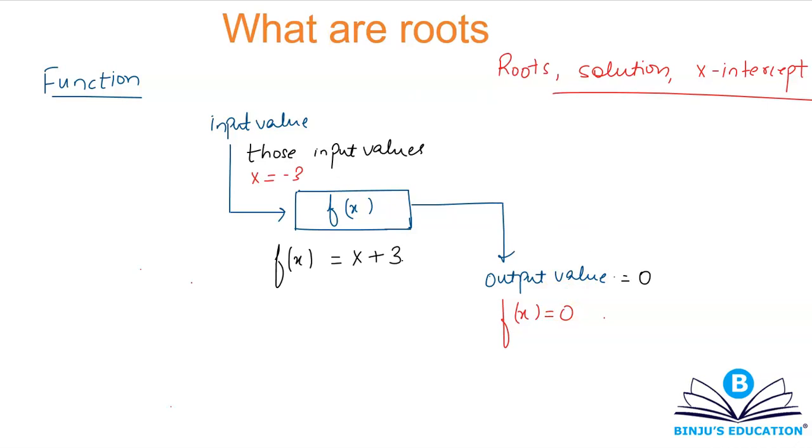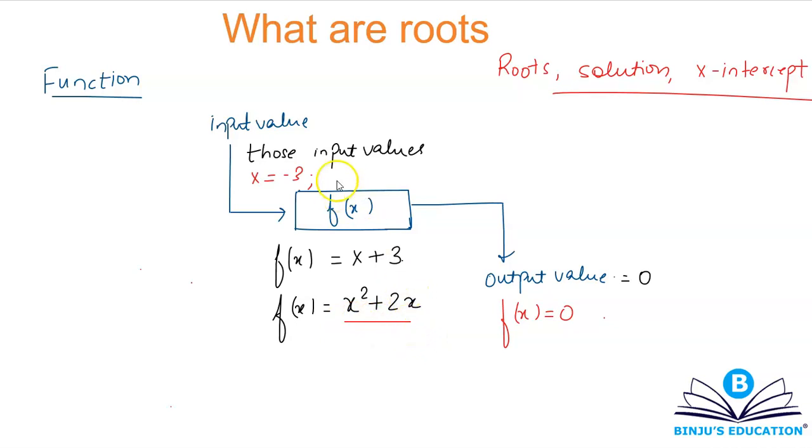Similarly, let's say I have f(x) = x² + 2x. Again I'm looking for the value of x for which f(x) is equal to 0. How do we do that? We'll come to that later on.